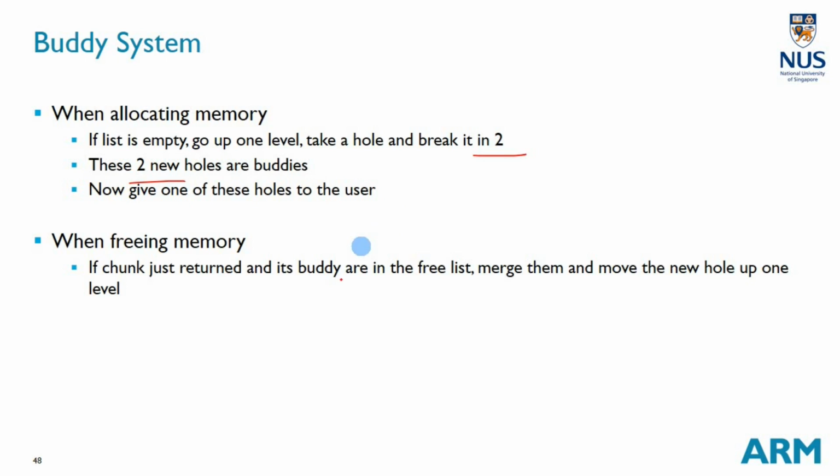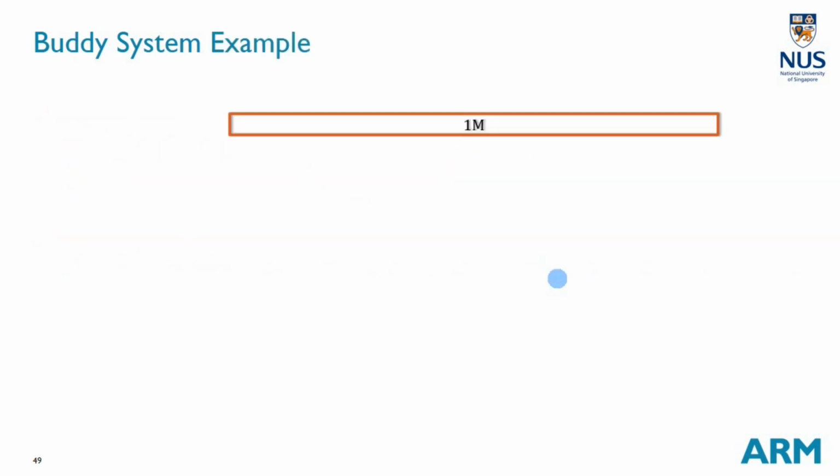Whenever I'm in allocation mode, I keep on breaking it, and each time I break I have new buddies, and when the buddy size is just nice for the request, I give one of them to the user request. Once the user request has been fulfilled and the memory has been used and free is called, then I can do a merging to move the hole up to the upper level. So let's look at an example over here.